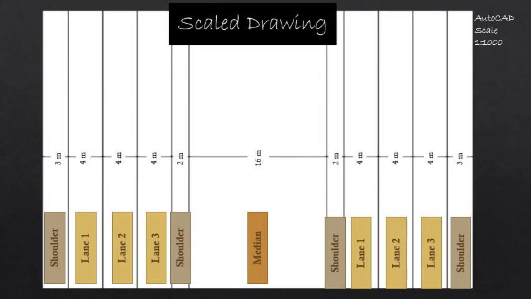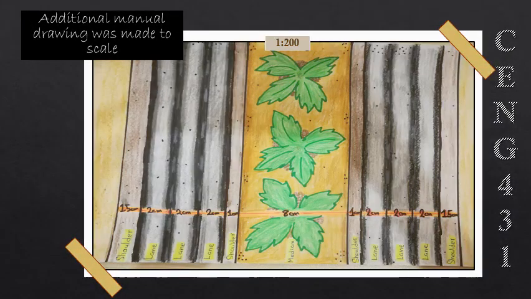The 1:1000 scale drawing shows the 16-meter median, followed by a 2-meter shoulder, 3 lanes 4 meters each, and another 3-meter shoulder for both directions. We also prepared a manual sketch of the top view, and here we used a scale of 1 to 200.